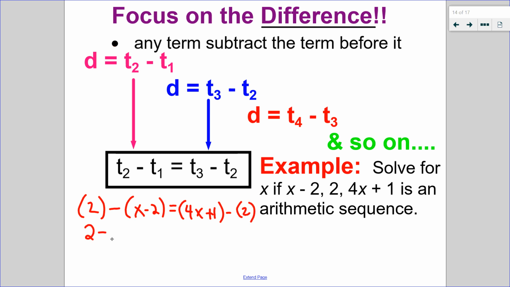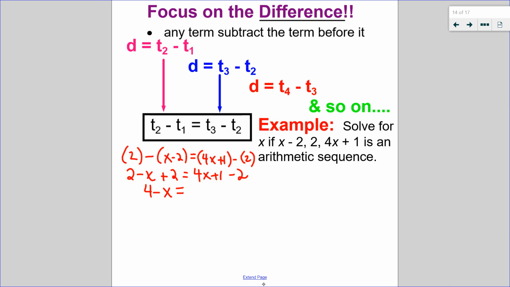So I have 2 take away x, take away a negative 2, is the same as 4x plus 1 take away 2. So tidying it up, 4 minus x will be the same as 4x minus 1.